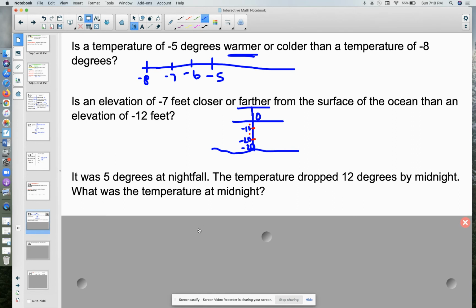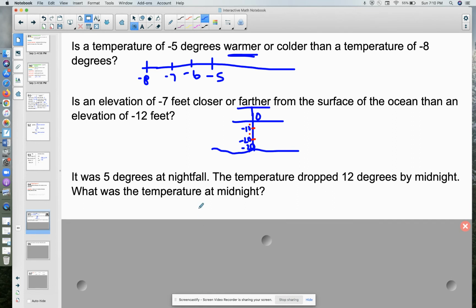It was 5 degrees at nightfall. The temperature dropped 12 degrees by midnight. What's the temperature at midnight? Okay, so here's 5, and then 4, and then 3, and so on. So think of a number line. And then 0. So the temperature was 5 degrees, and it dropped 12 degrees by midnight.